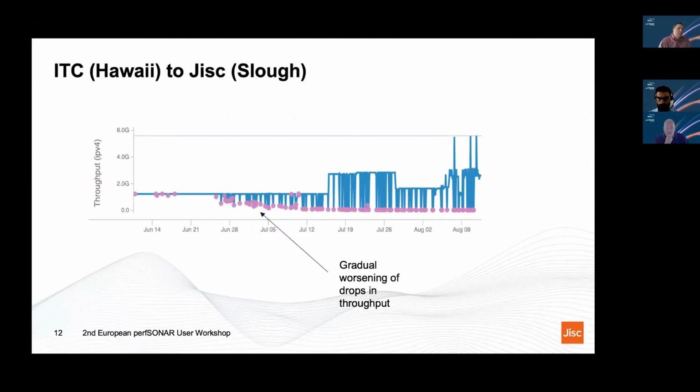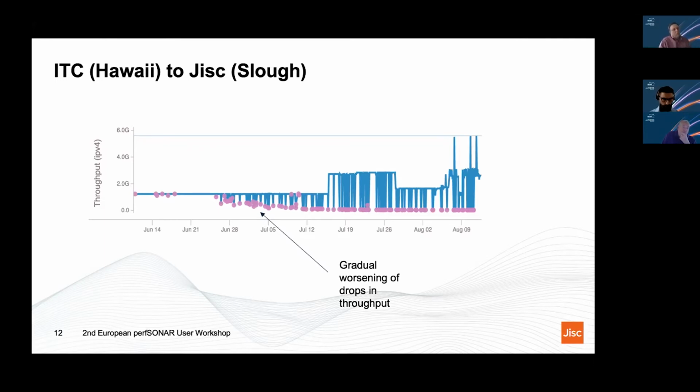They start off just dipping below the maximum there, but they increase between June the 28th and the middle of July, late July and early August. So this is, I think, typical of this type of soft fault where there's a degradation in performance.